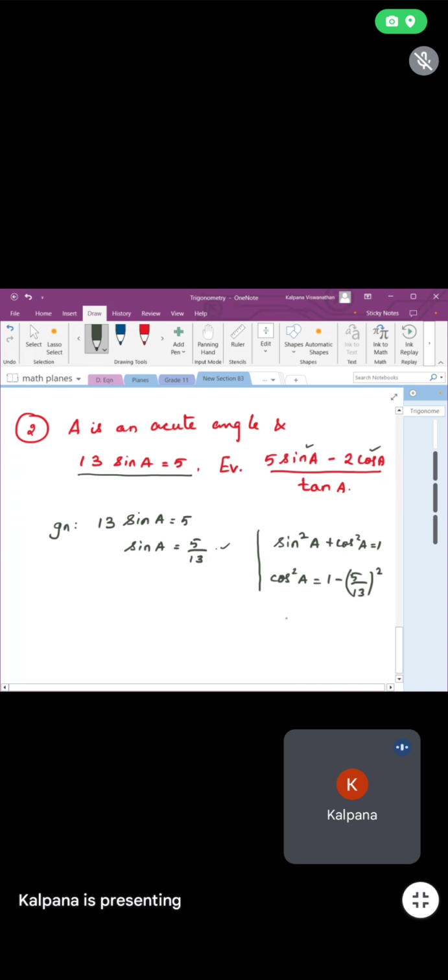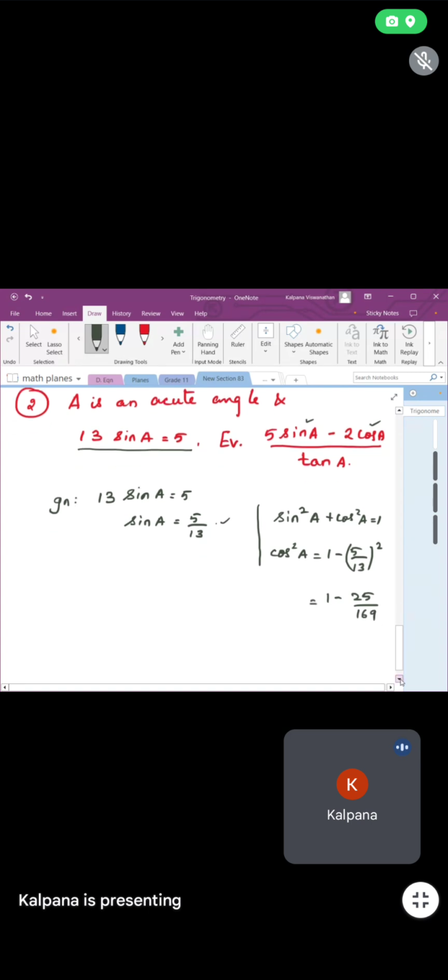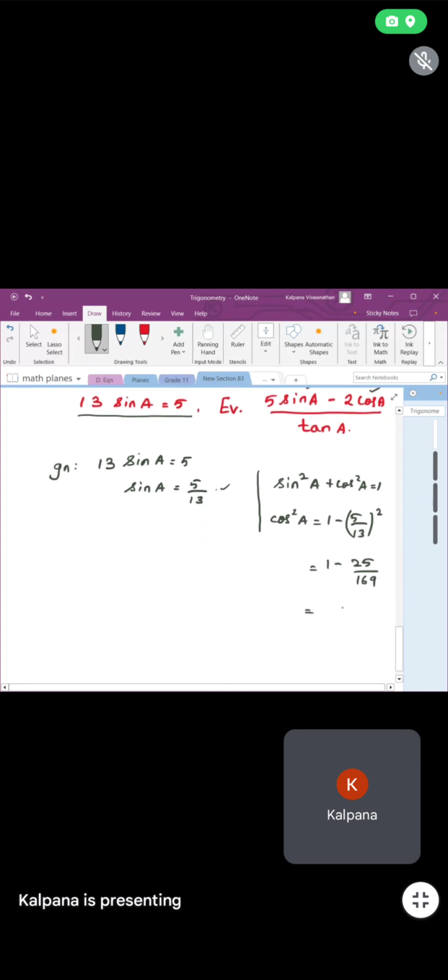Okay, then find out how much you're getting. So 1 minus 25 by 169. You all remember the square numbers? At least up to 25 you have to remember.